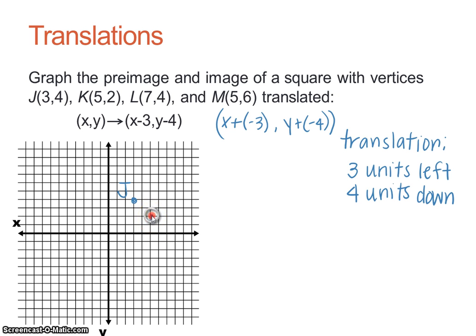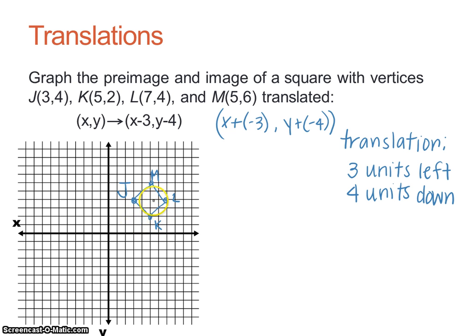This is our K. We'll go (7, 4). That's our L. And we have (5, 6). That is our M. Connect our dots to get our square.